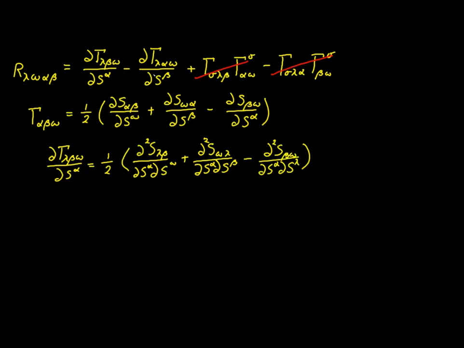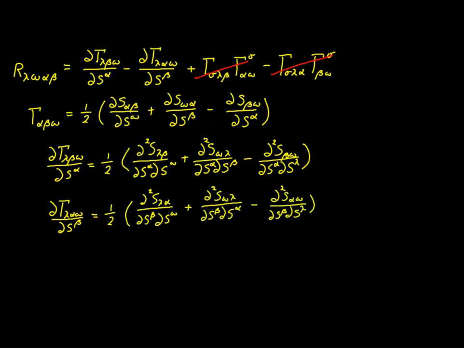For the second term, all we've got to do is to switch the indexes alpha and beta. Now to complete the expression, we're going to add this term and we're going to subtract this term as per the expression up here. Now in the process, notice that this term and this term will cancel out. They're identical. Remember that the order of differentiation doesn't matter. So the final result is going to be left with 4 individual terms here.